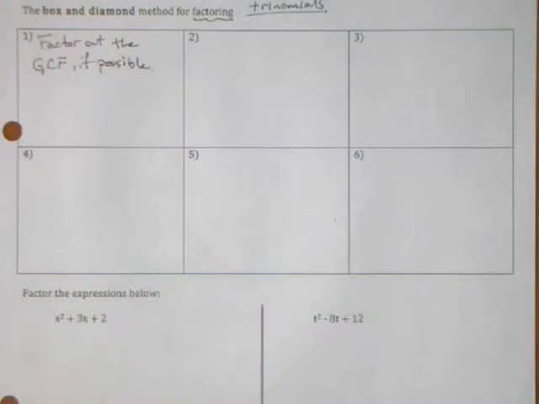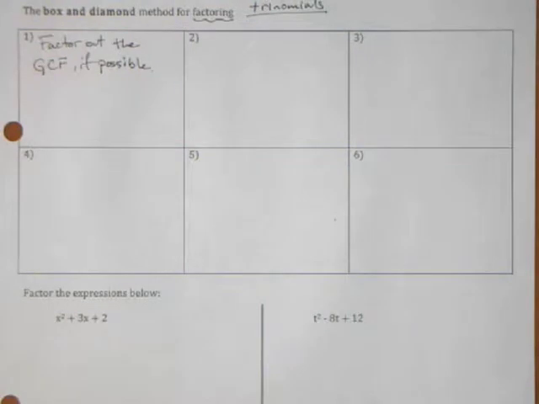So when I ask you to factor this trinomial, the first thing I'm going to do is ask, is there anything in common amongst all 3 terms? Specifically in our example, amongst x squared, 3x, and 2. Is there anything in common, any factors in common? They share, say, an x. Not all 3 do. So, no. The first 2 do, but the last one doesn't. So we can't factor an x out.